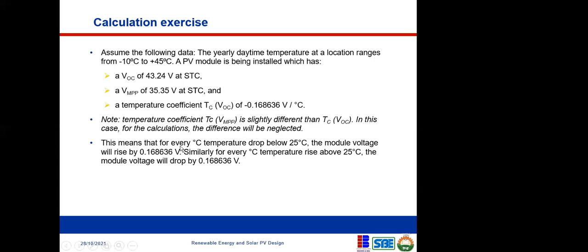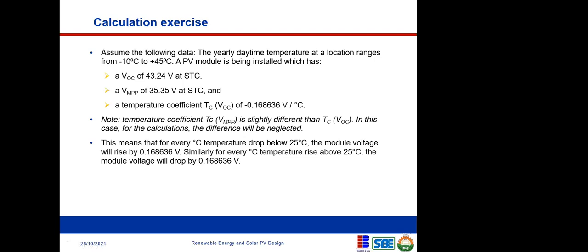So this means that for every degree centigrade temperature drop below 25 degrees centigrade, the module voltage will rise by this. Take note, it's talking about drop. So if you go below 25, you're going to have a rise in voltage. But if your temperature increases above 25, instead of a rise in voltage, you're going to have a decrease in voltage.